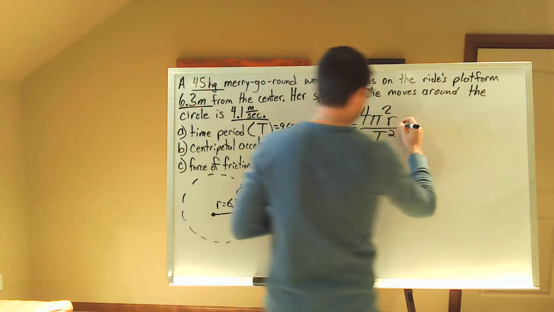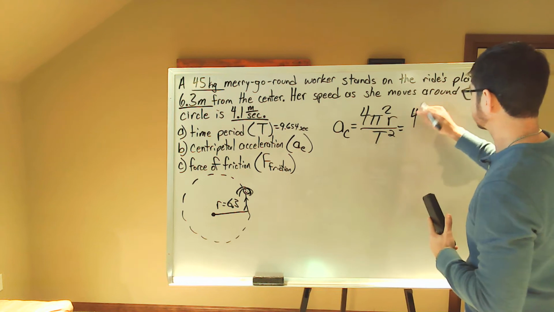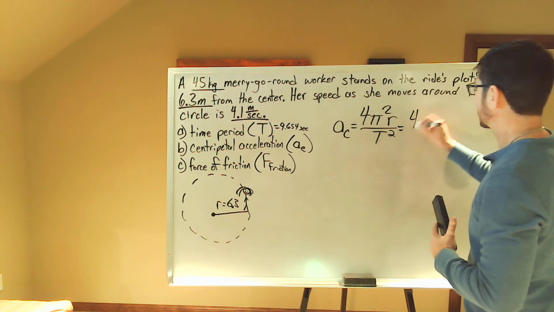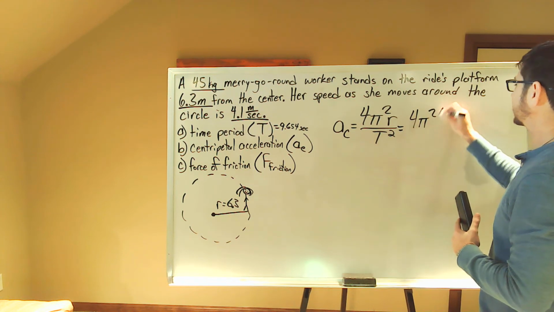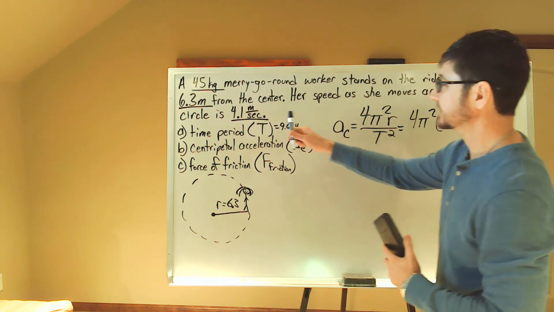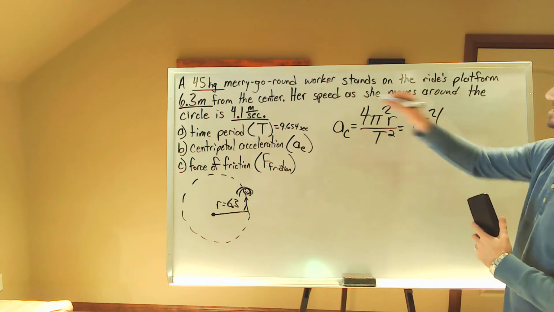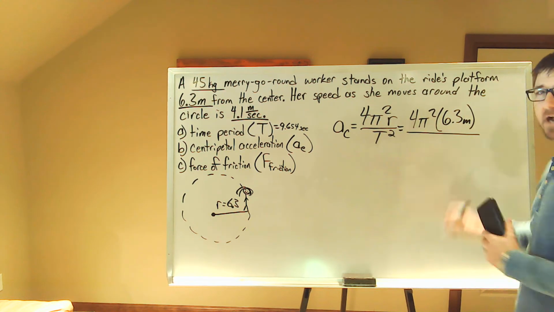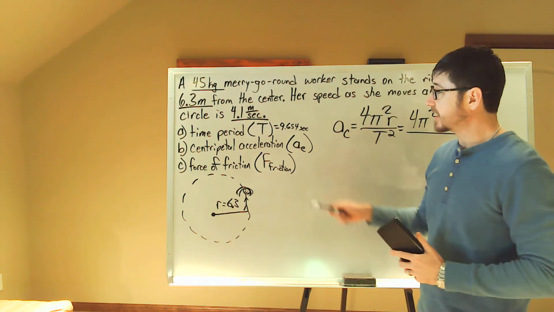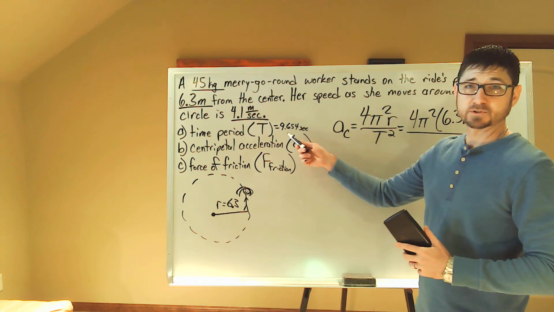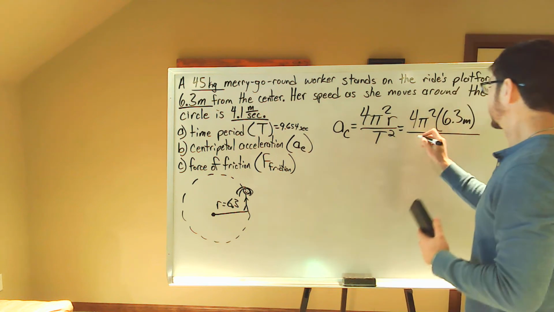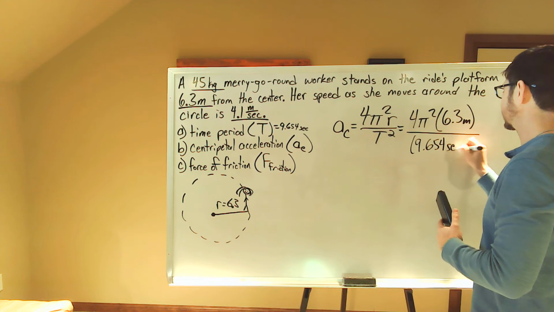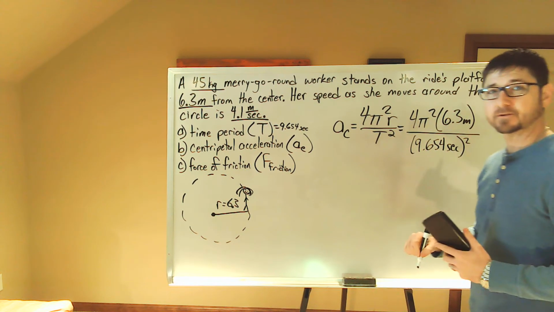So I've got 4 pi squared times the radius, and the radius is 6.3 meters. We're going to divide this by the time period. Now, this is the time period that we just calculated. So we're going to use this calculated value. This is 9.654 seconds. And then we're going to have to square that value.